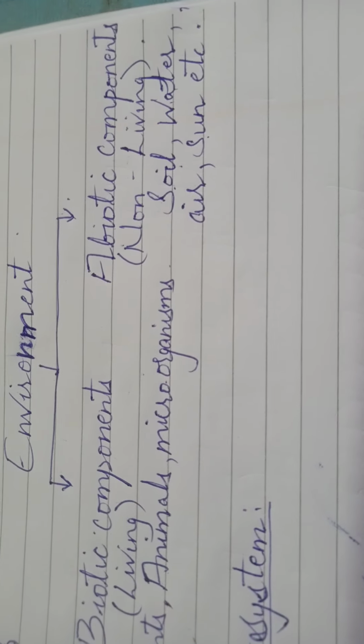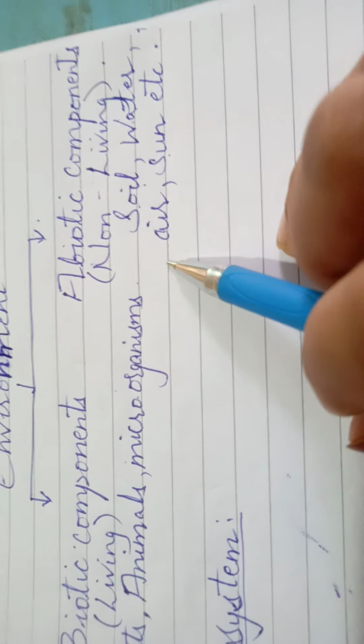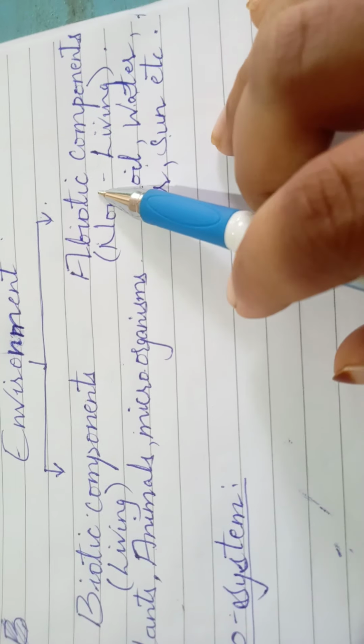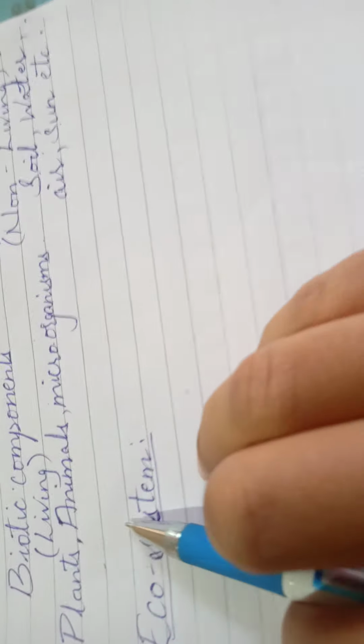So in this manner, these living and non-living things are interacting with one another, and hence an area where you can see such interactions between biotic and abiotic components, you can call an ecosystem. It can be a small area or a very large area as well. The size doesn't matter.